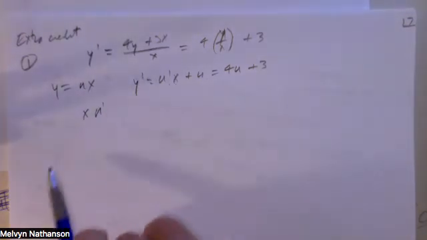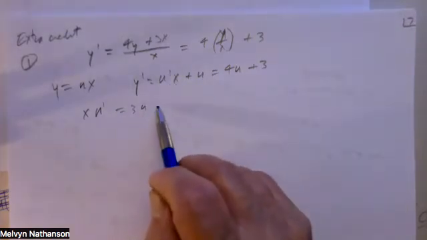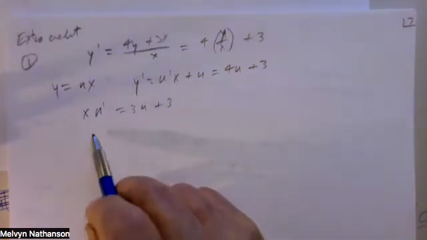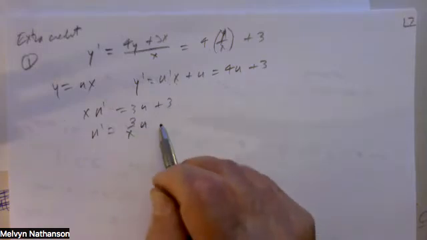So xu prime equals 3u plus 3, where u prime is 3 over x times u plus 3 over x.